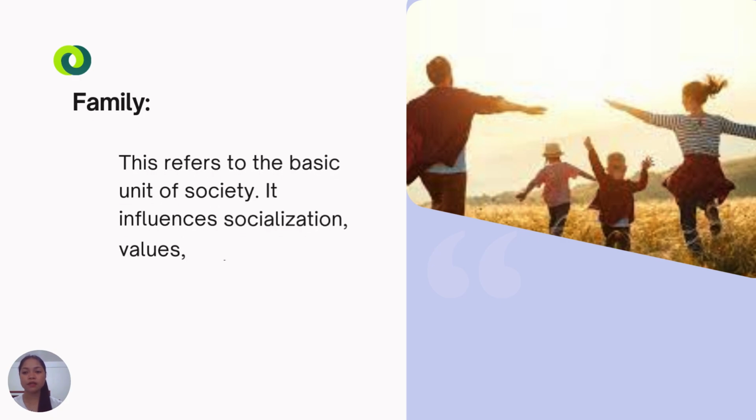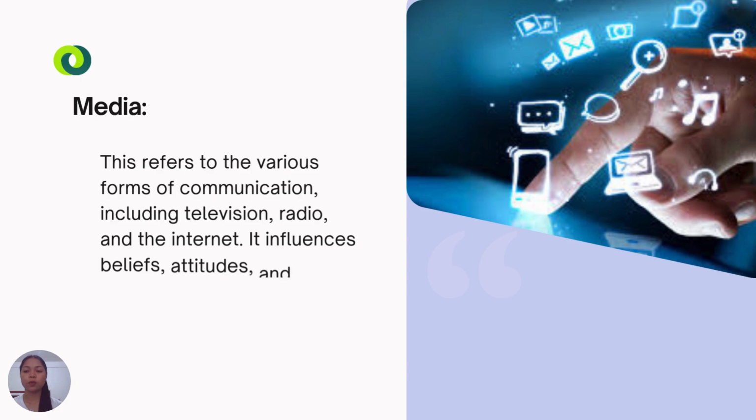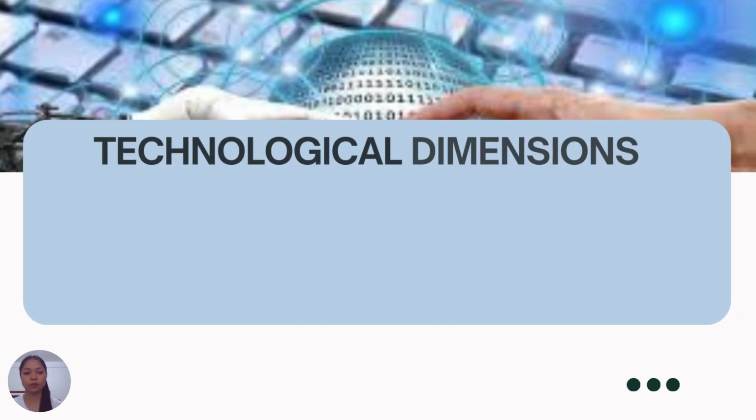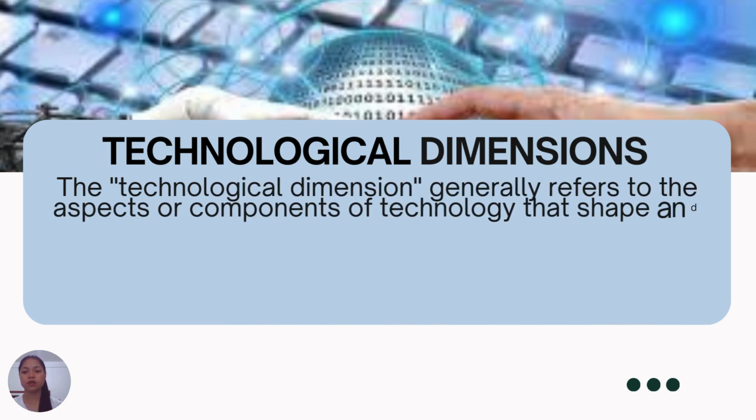Next is family. It provides essential support and structure in our lives and helps us navigate society as one. Media is a form of communication, including television, radio, and internet, that could influence our behavior using these media platforms.